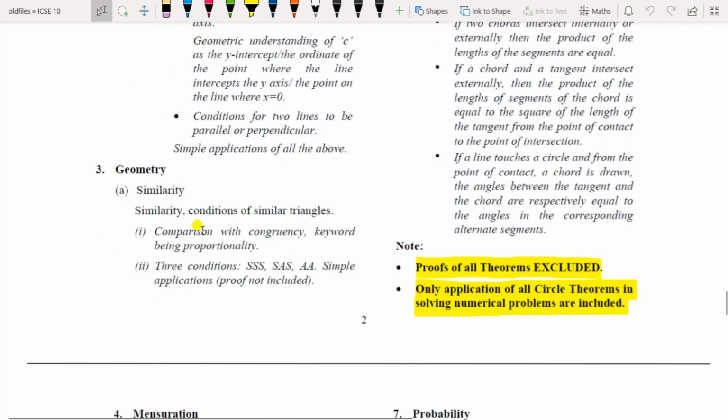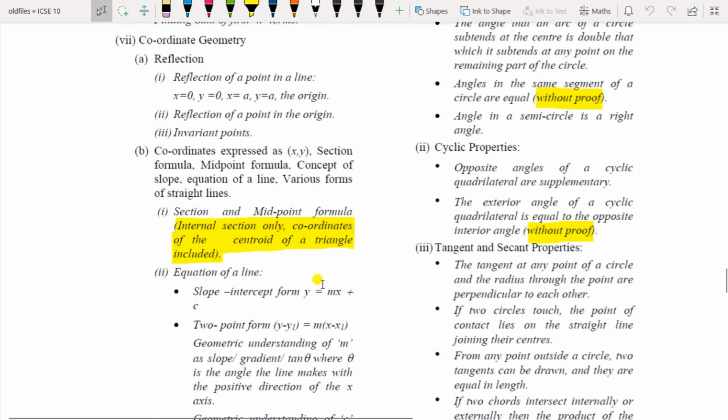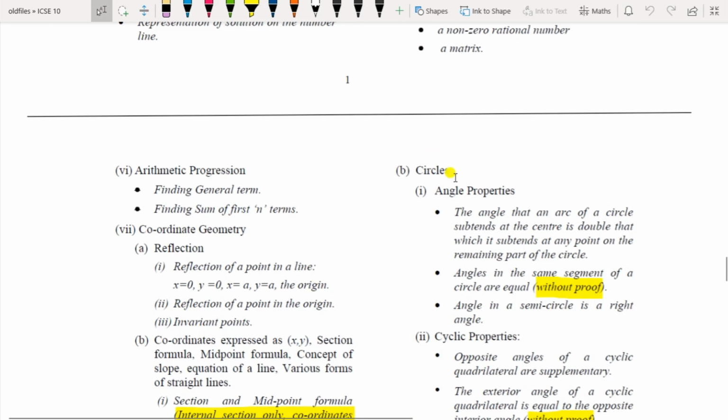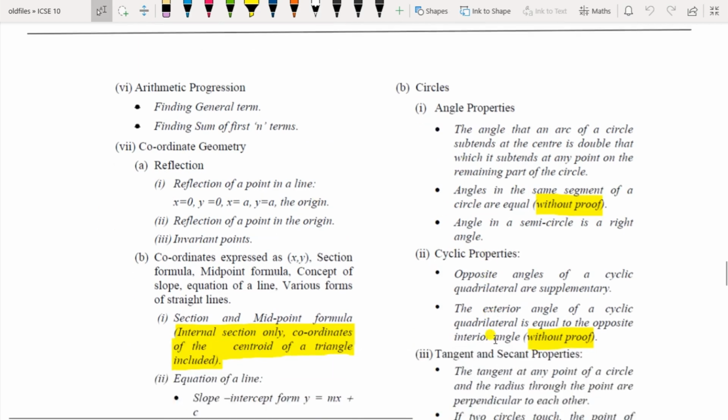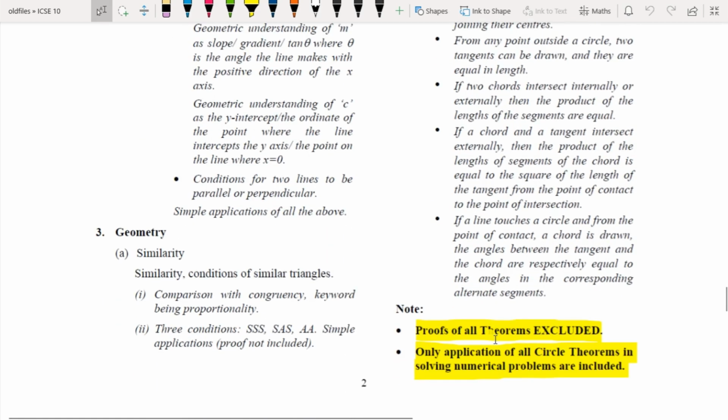Then comes geometry, similarity, conditions of similarity of triangles, okay. Then here it is circle, angle properties and cyclic properties. But for this lesson, no proof of the theorems will be asked. Proofs of all the theorems are excluded. Only application of the circle theorems in solving numerical problems is included, okay.